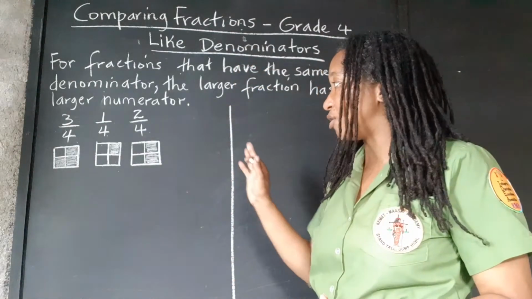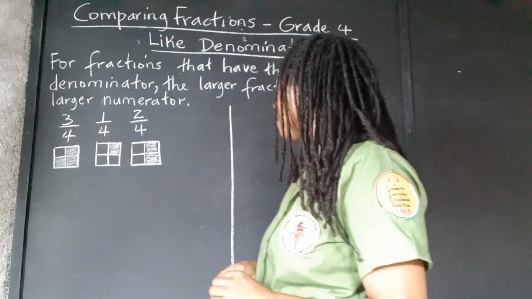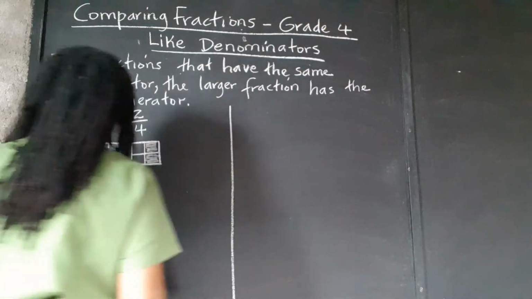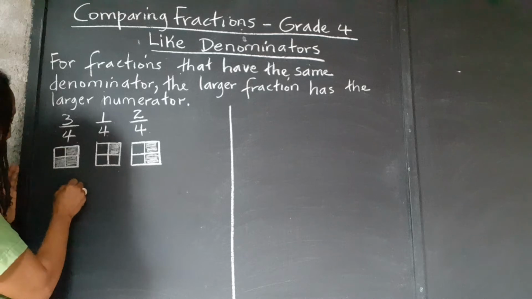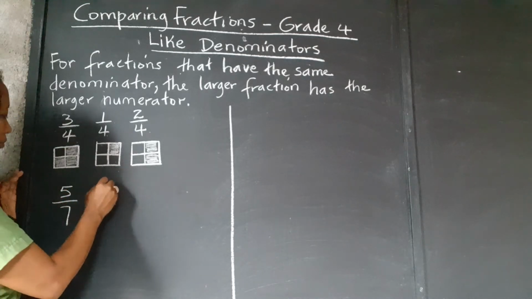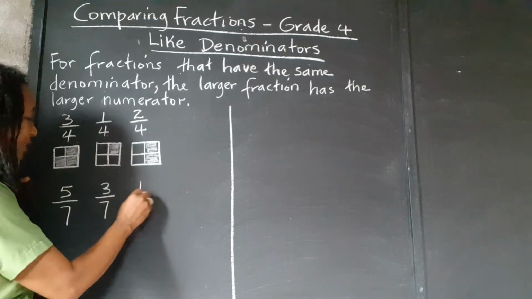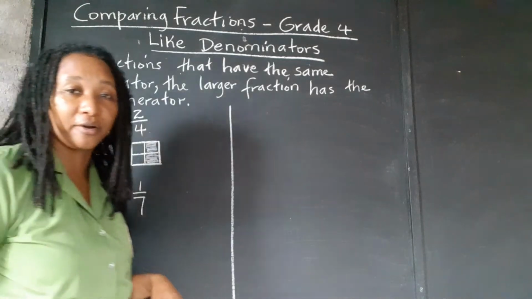The biggest number at the top, the biggest numerator, would represent the biggest fraction. So we can easily see then that 5/7, 3/7, and 1/7. Which one is the biggest?